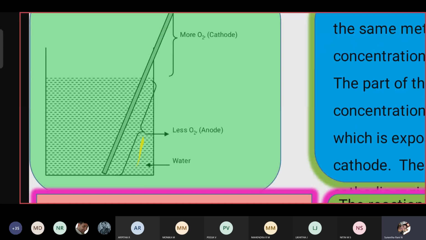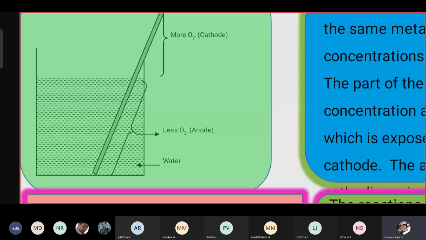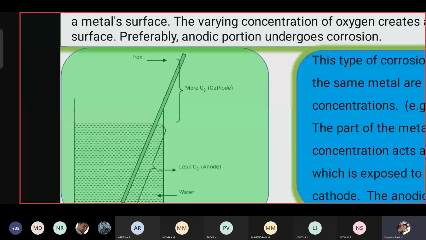Remember this: where there is a less air gap, that portion of any metal acts as anode. Where there is more air gap, that portion of the metal acts as cathode preferably.